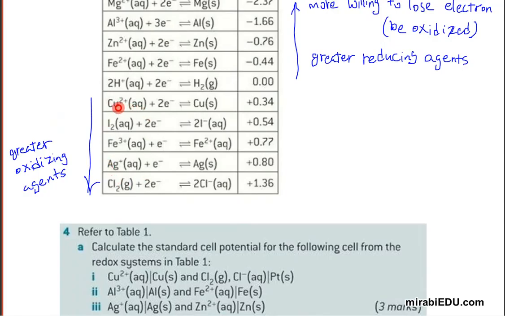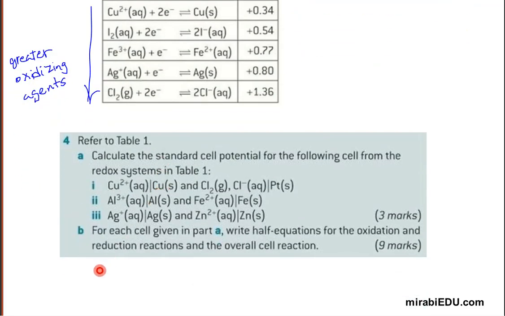In comparison between chlorine and copper, definitely copper loses electrons and chlorine will take the electrons. So copper oxidizes and will be the anode electrode, and chlorine will gain electrons and it will be the cathode electrode.